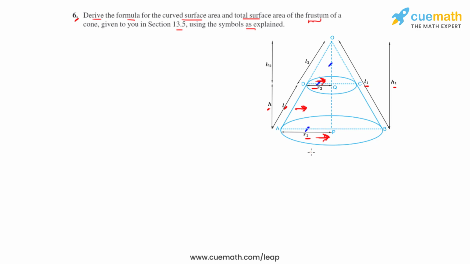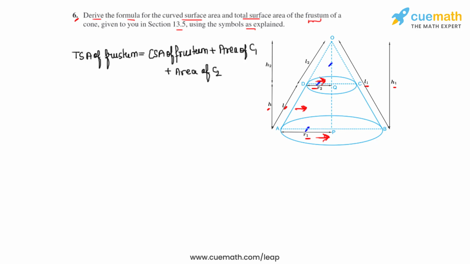We've already found the curved surface area of the frustum, so we can directly write that the total surface area of the frustum part will be equal to the curved surface area of the frustum plus the area of C1, circle 1, plus the area of C2, that is circle 2. Substituting the formulas, that will be pi L times R1 plus R2.